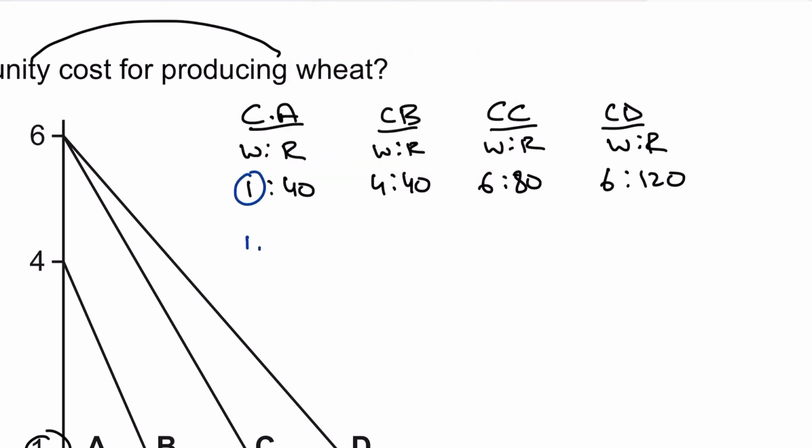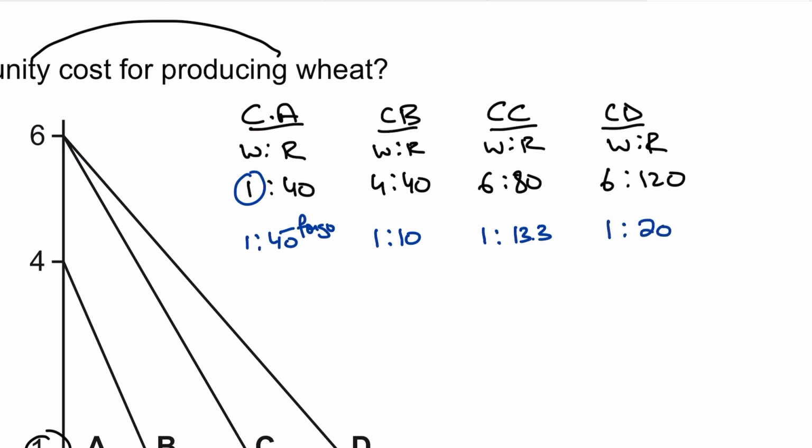It's already 1, so you need to forego 40 units of rice. For country B, in order to produce 1 unit of wheat, you need to forego 10 units of rice, that is 40 over 4. For the next country, you need to forego 13.3 units of rice. And for country D, you need to forego 20 units of rice.